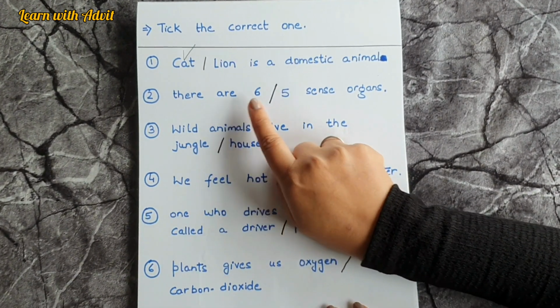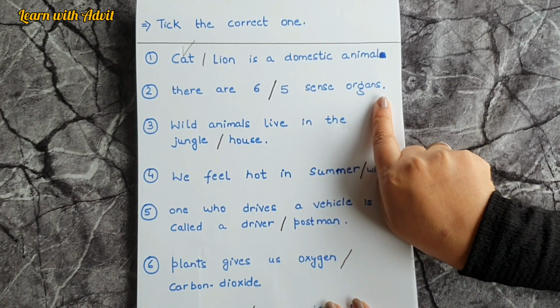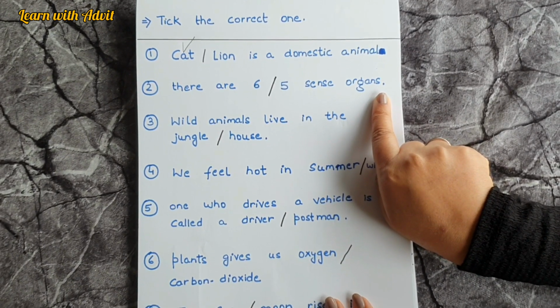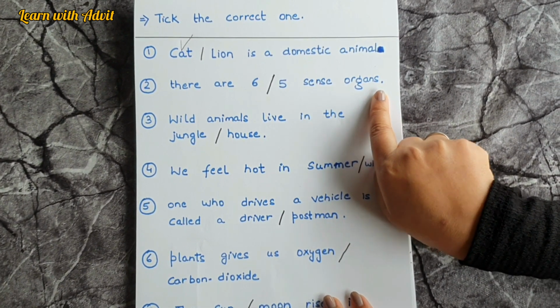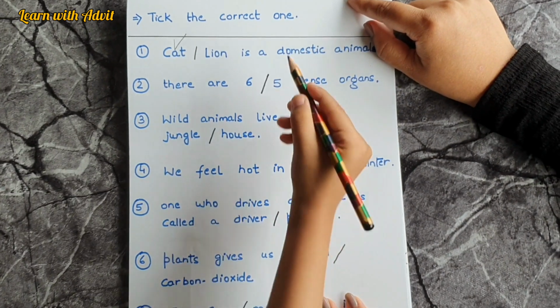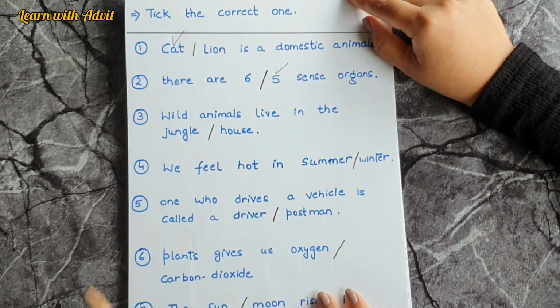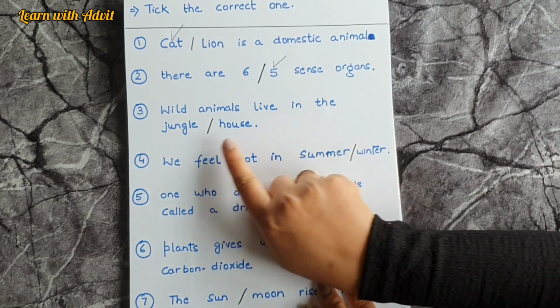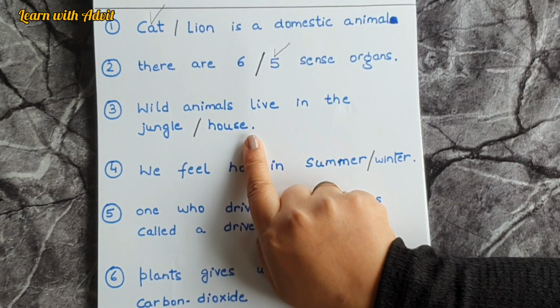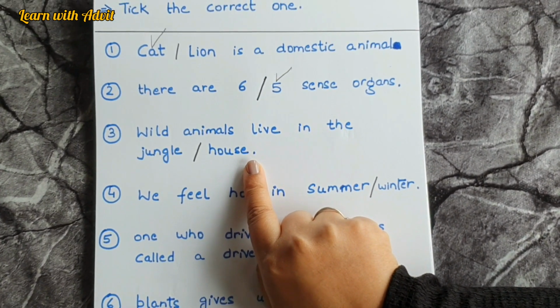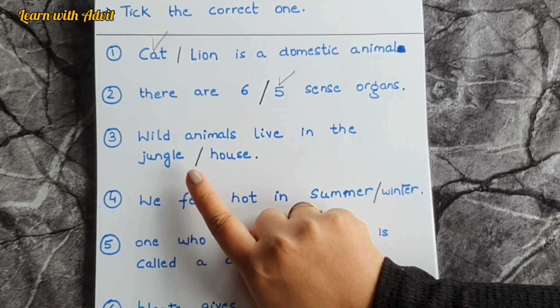Okay? There are 6 or 5 sense organs? 5. Come on, tick. Very good. Wild animals live in the jungle or house? Does the lion live with us? No, because I'm scared of it.